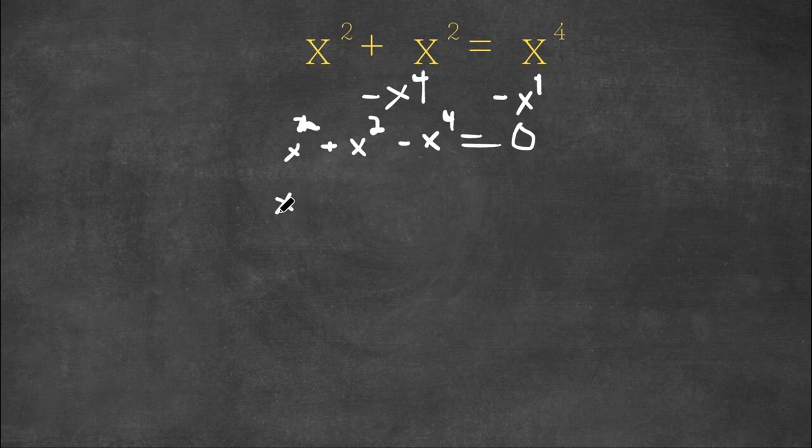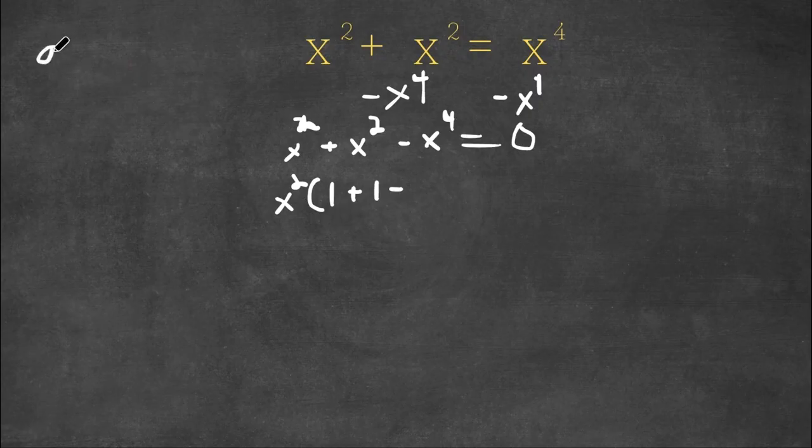So now we have x squared times x squared divided by x squared is 1 plus x squared divided by x squared is 1 minus x to the power 4 divided by x squared.